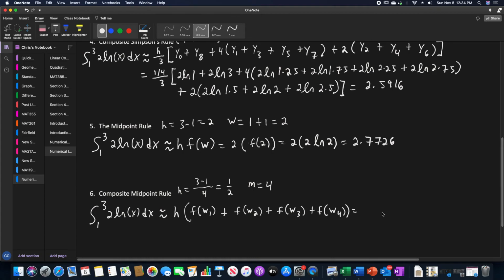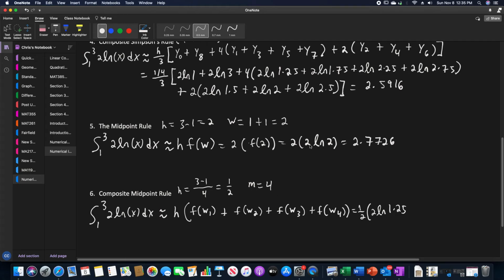In this case, that's going to be 1/2 times. So, for these midpoints, this is going to be 2 times the natural logarithm of 1.25. And that's due to the fact that we're basing this on 4 midpoints.